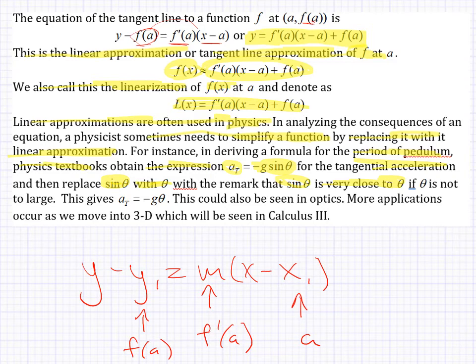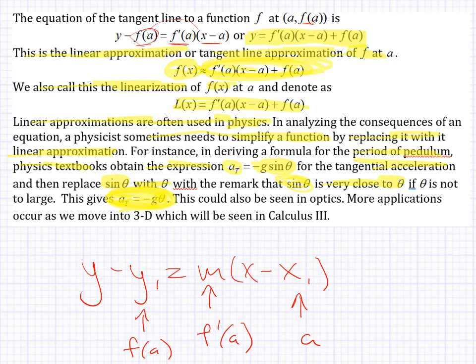When we look at the tangent line equivalent to sine of theta, we can instead look at it in this form and say a sub t equals negative g times theta instead of sine of theta. And that could be done quite a bit to simplify some of the formulas that we're working with. And all it is is this tangent line approximation.